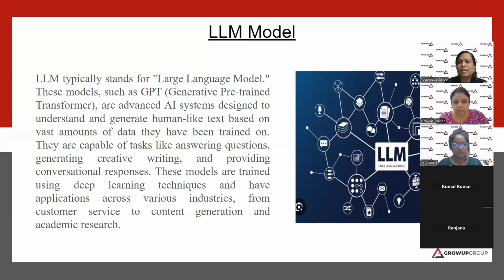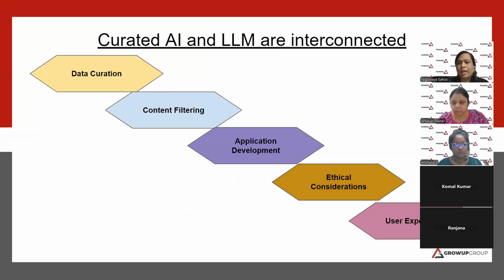We can ask Disha questions, and you can communicate with Disha human to human, and it will respond as a human would. And we have Alexa and Siri on the iPhone. These, combining curated AI with the LLM model, are providing all this data. So how is it interlinked with curated AI and the LLM model?